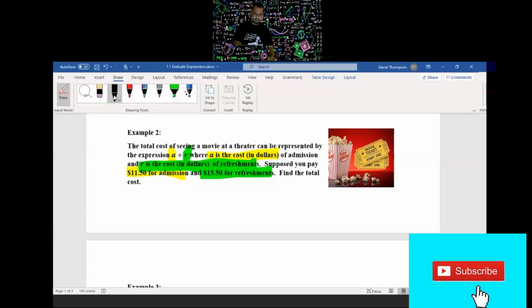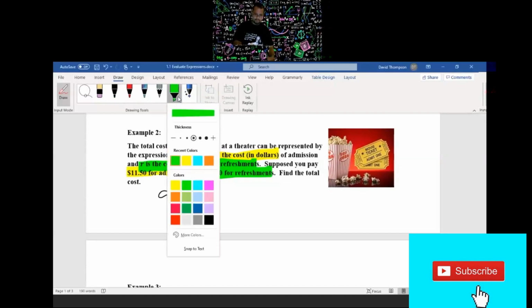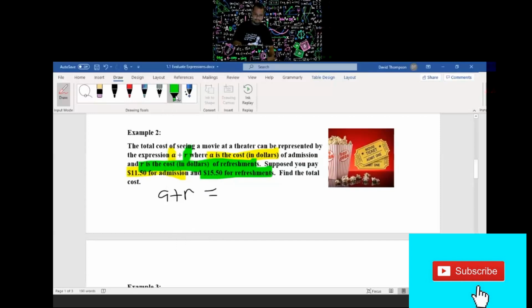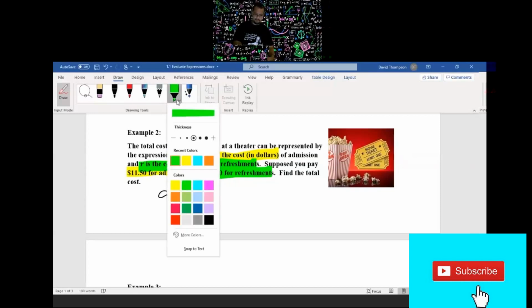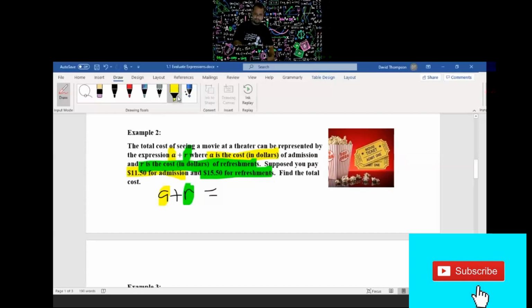Let's first rewrite the expression. We have A plus R equals, and let's highlight to make everything the same. So we're using green for R, yellow for A. So we're going to plug in A was what, $11.50? R was $15.50.